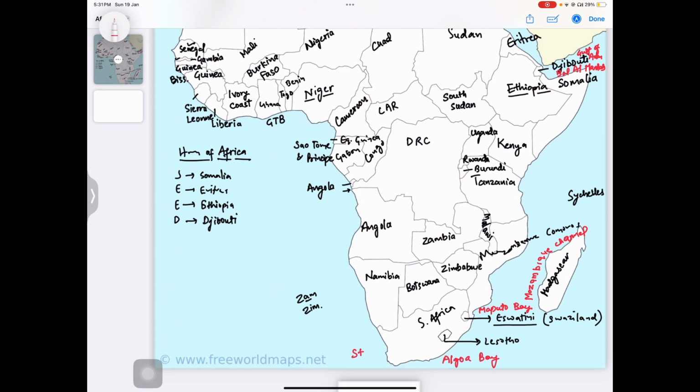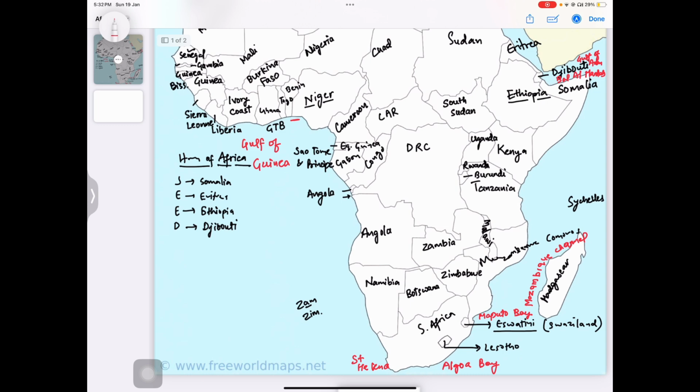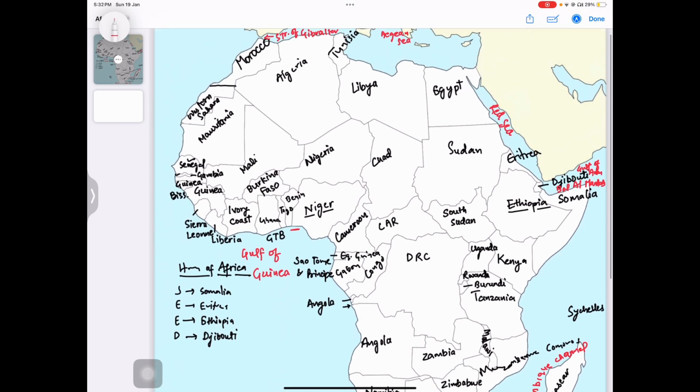This is Saint Helena Bay, or whatever. This is Gulf of Guinea. I think this one here is Gulf of Benin, but again, I'm not much sure about it. So I think that's all about the map of Africa.